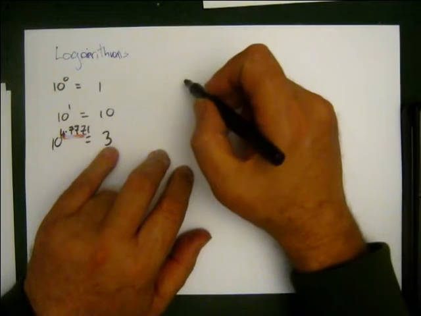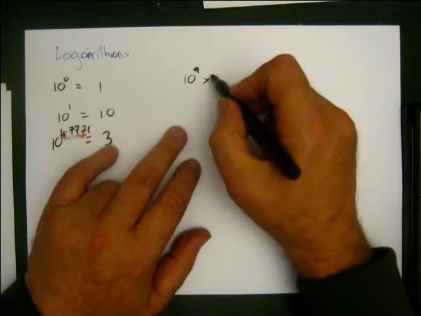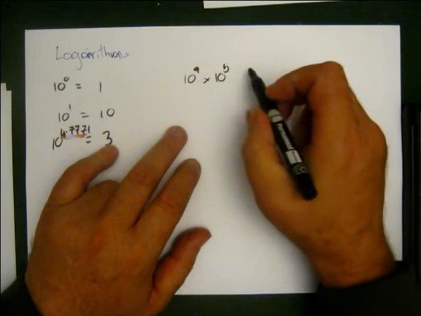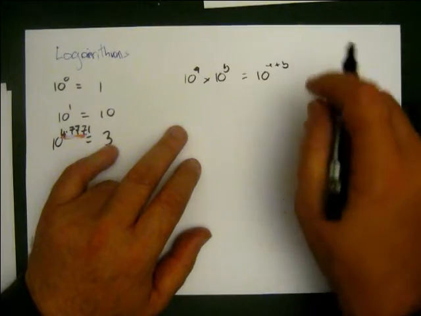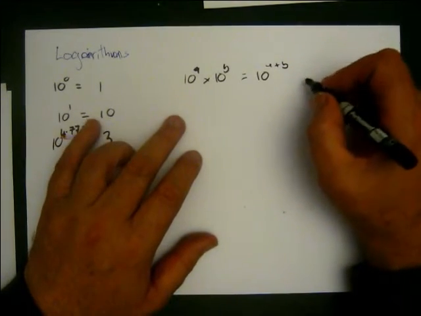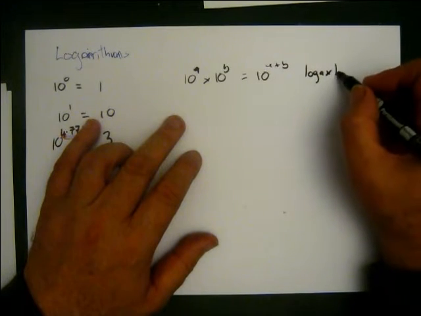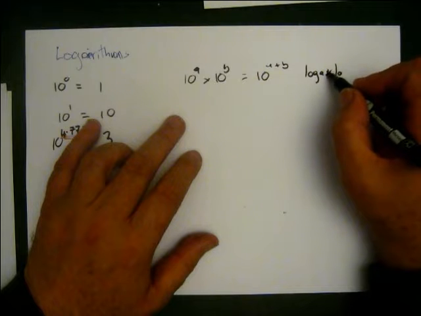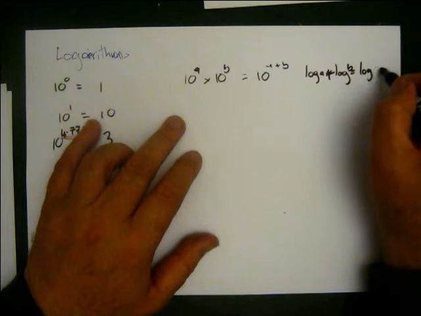Remember at high school we used to say 10 to the power of A times 10 to the power of B equals 10 to the power of A plus B. And we get a log rule which is similar, which says log A plus log B equals log A times B.